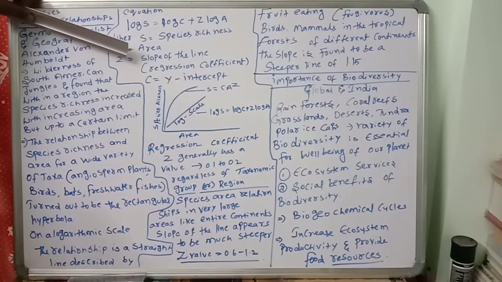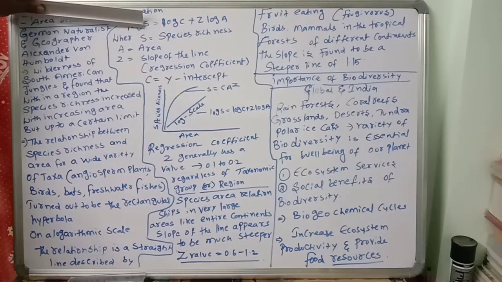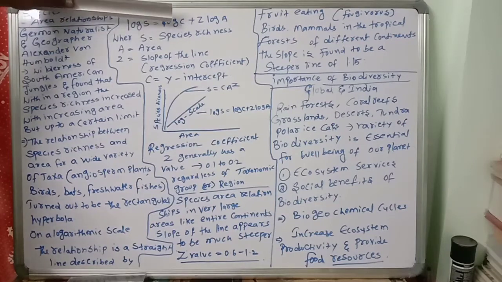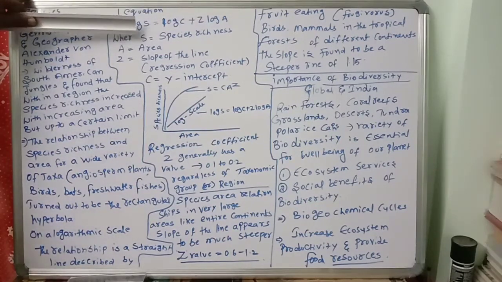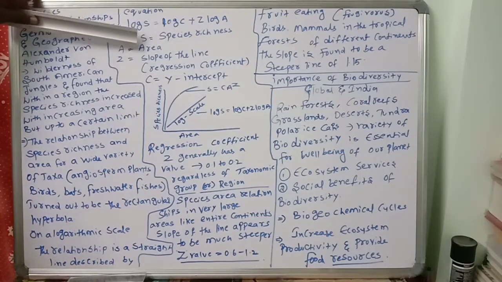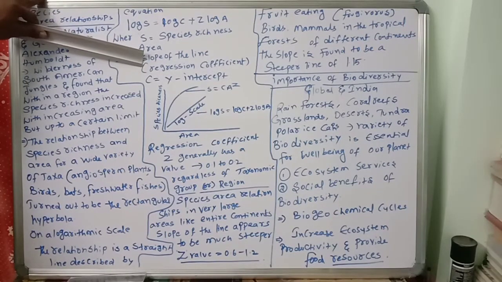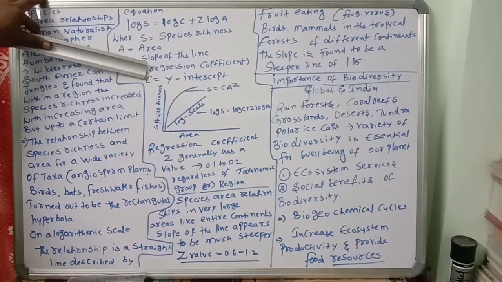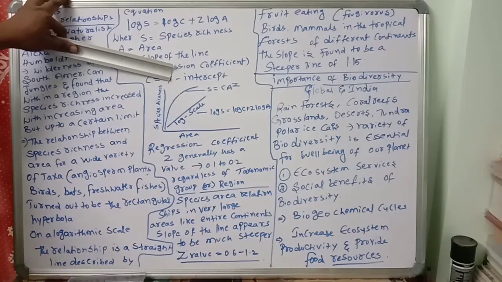Z is equal to the slope of the line, the regression coefficient. C is equal to the Y intercept. What is it called? Y intercept.